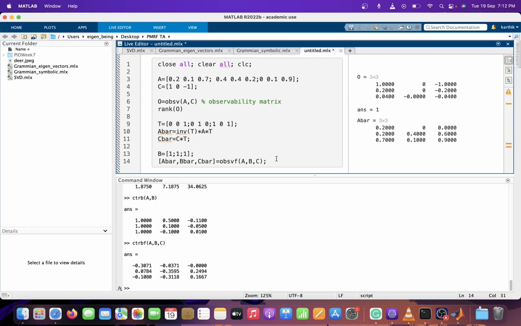Okay, so I think these are the only new ones that I've given.